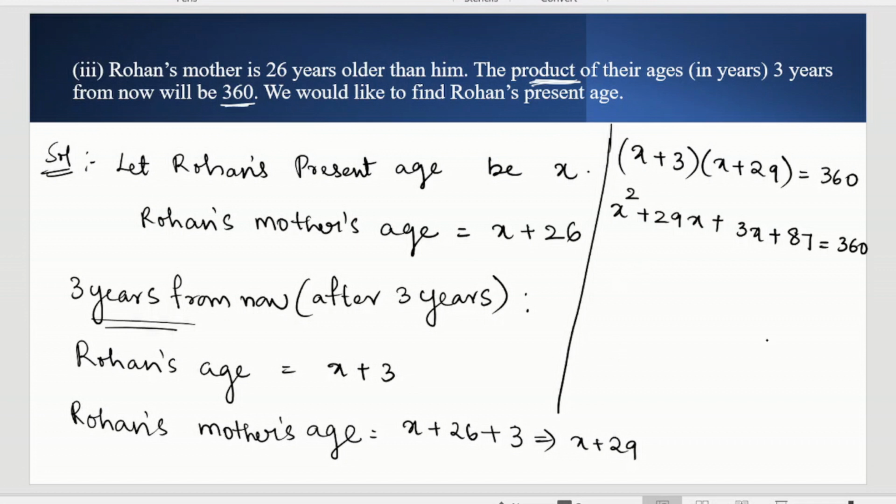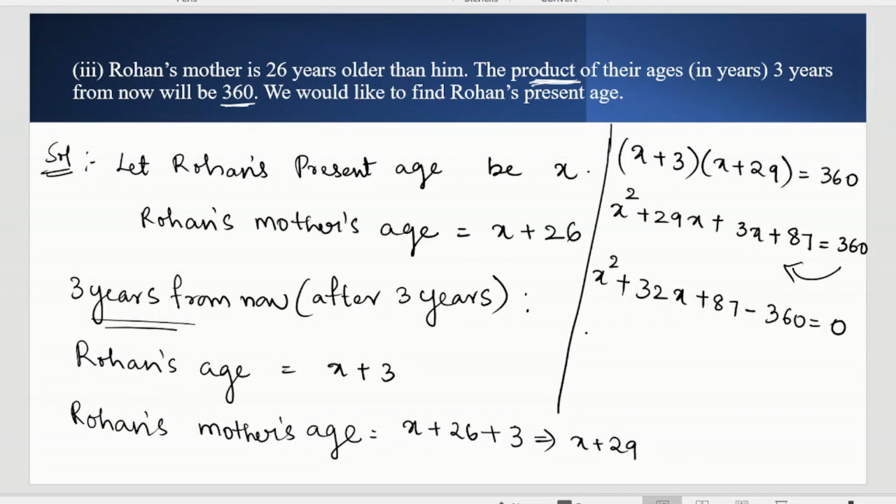Okay. So we need to represent it in a quadratic equation form. So let us get this 360 to LHS, which becomes minus 360. So that is x square plus 29x and plus 3x, which is plus 32x, plus 87 minus 360 is equal to 0.